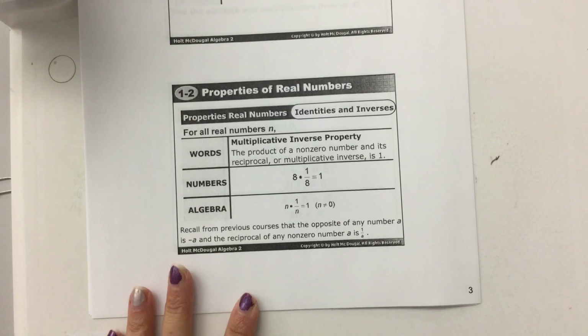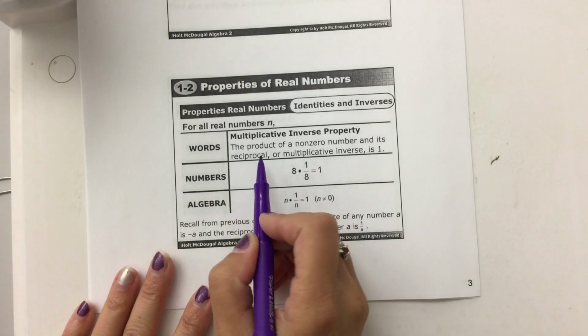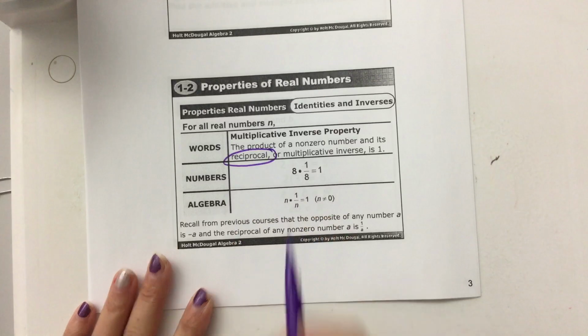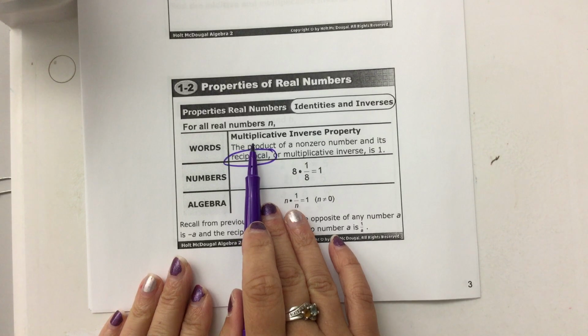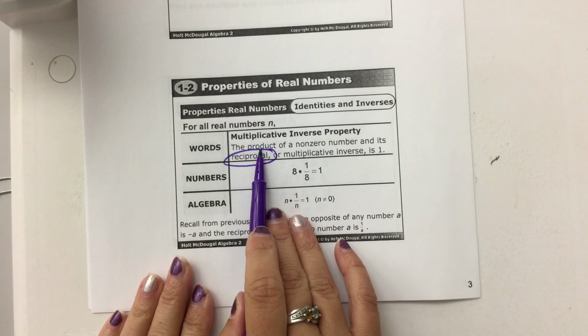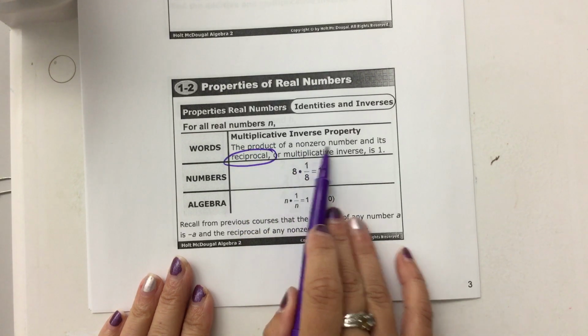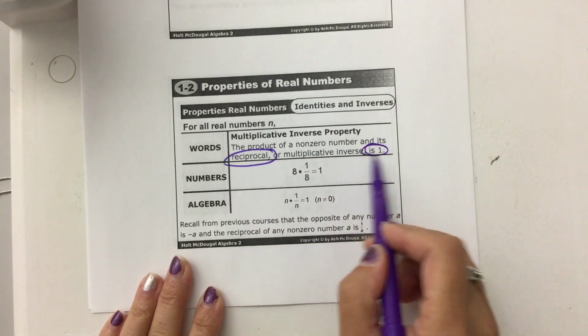Multiplicative inverse property. Now what that involves is a reciprocal. Remember, a reciprocal occurs when you take a fraction and you flip the numerator and the denominator upside down. Okay, and what this says, multiplicative, so I know I'm multiplying. It says the product of any non-zero number and its reciprocal is 1.